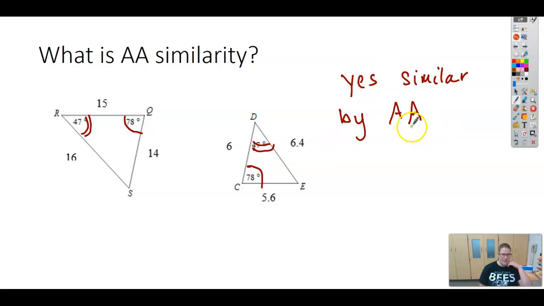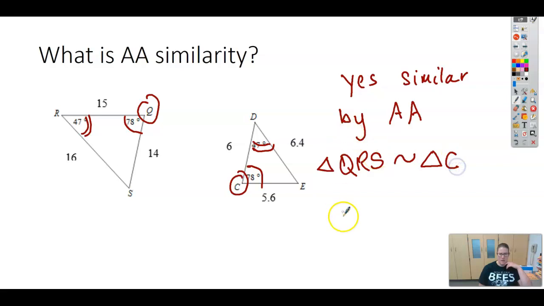And then if I wanted to make a similarity statement here, I'm just going to start with one of them and do QRS. So I would put a little triangle out here. Triangle QRS is similar. Now remember, I need to have corresponding parts here. Angle Q is 78 degrees, so that would be the one corresponding to C. So I'd have to put it in the same position in my similarity statement.